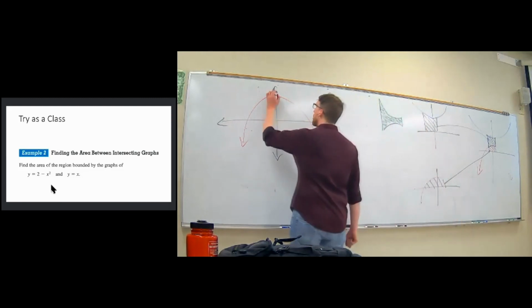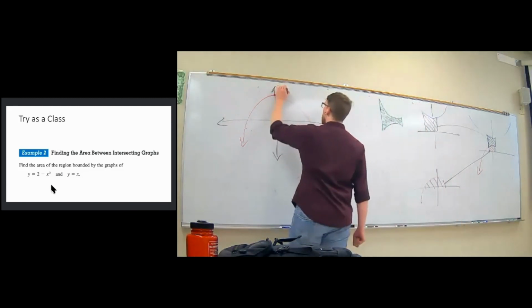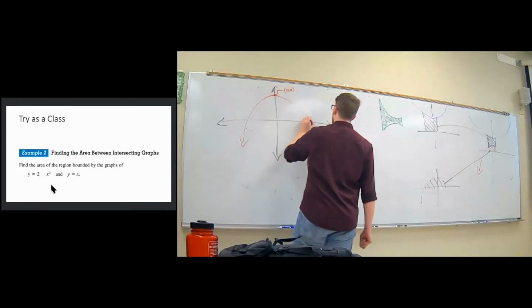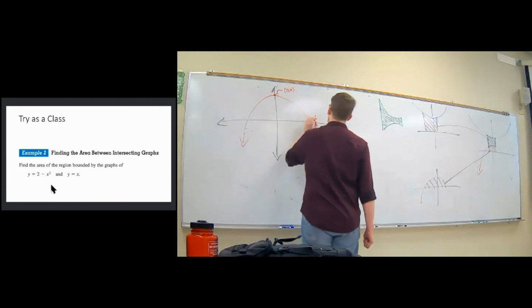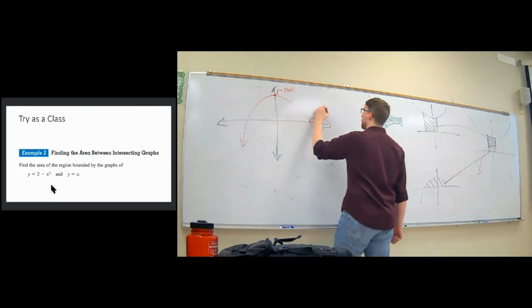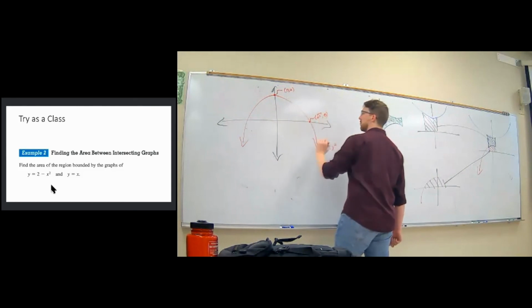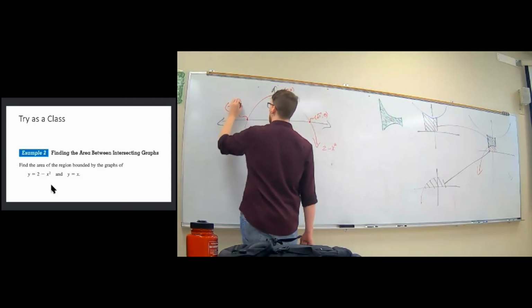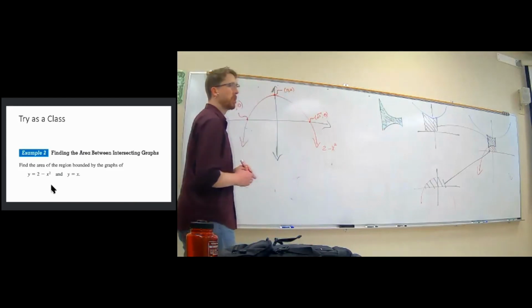With this being the point 0, 2, this being the point square root of 2, 0, and this being the point negative square root of 2, 0. Okay.